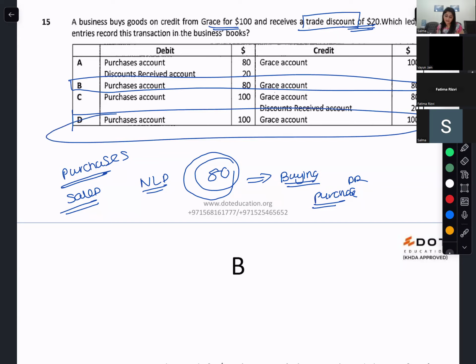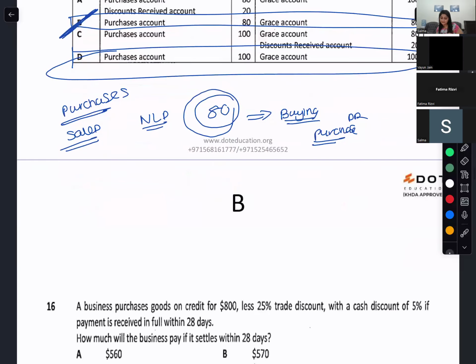B. Always remember, purchases or sales entry is always passed at net list price. I'm repeating again and again. Purchases is always debit and sales is always credit. I hope you are with me.